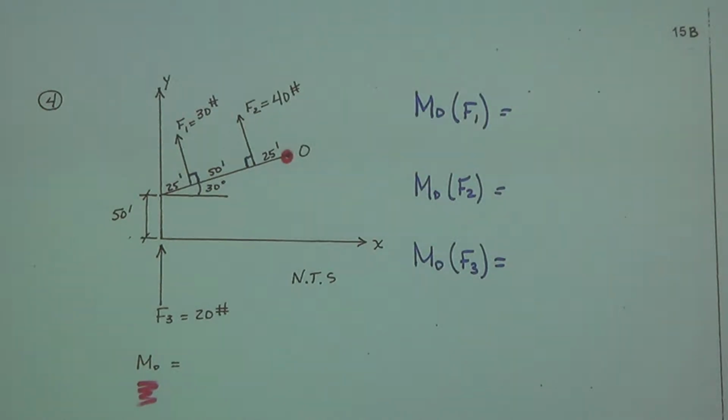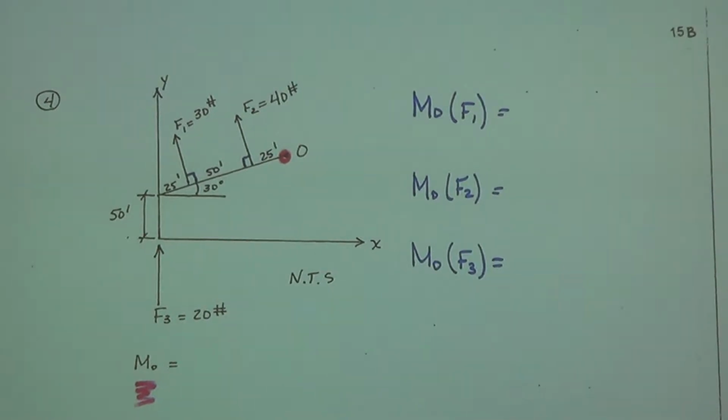For F3, could you just do cosine 30 times 20 times the 100? I think I was saying 60.